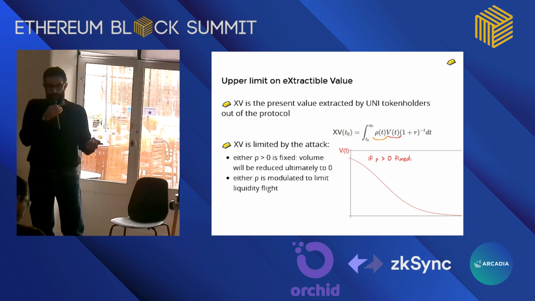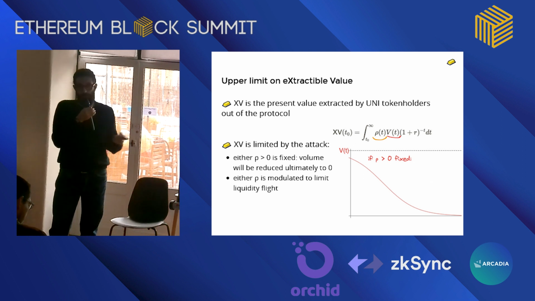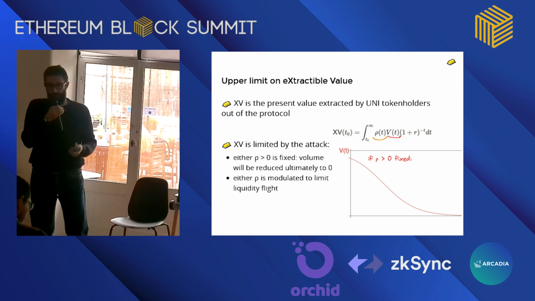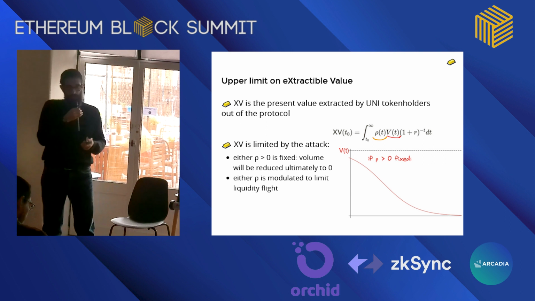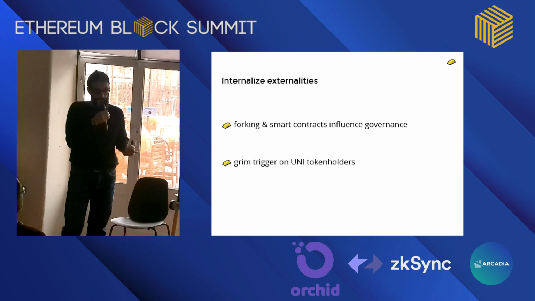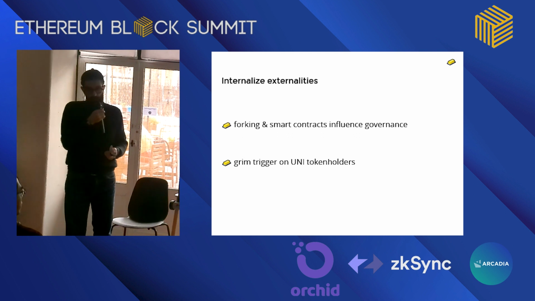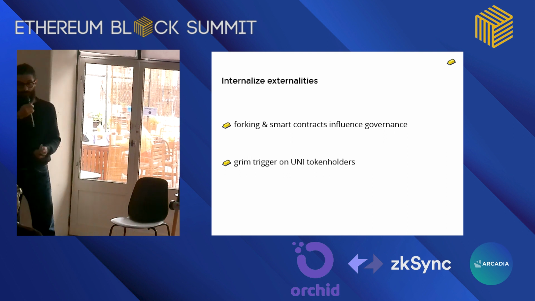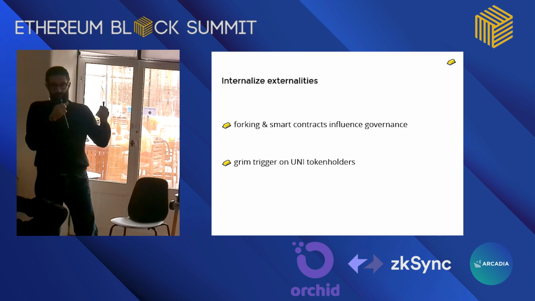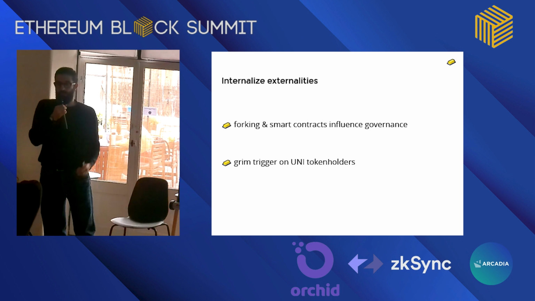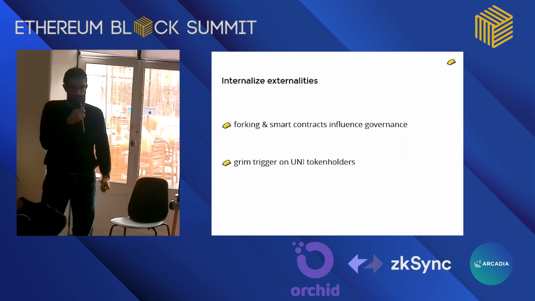But what's interesting as a takeaway is that the existence of such attacks, of such potential competitors, provides pressure on governance not to set the fee too high. Forking smart contracts influences governance, and in game theoretic terms, it's a bit like what we call a grim trigger, which means that the attackers are kind of saying to the unit token holders, pay attention, otherwise we launch the attack and you are going to siphon out your liquidity.